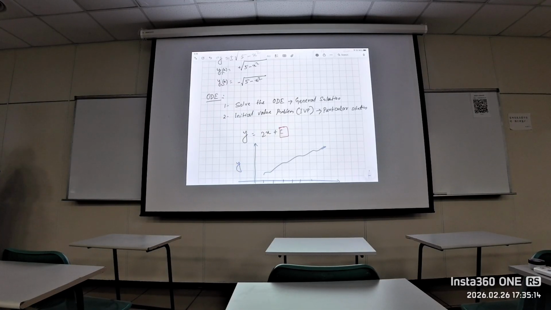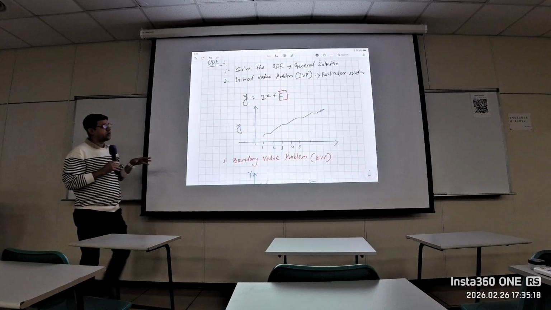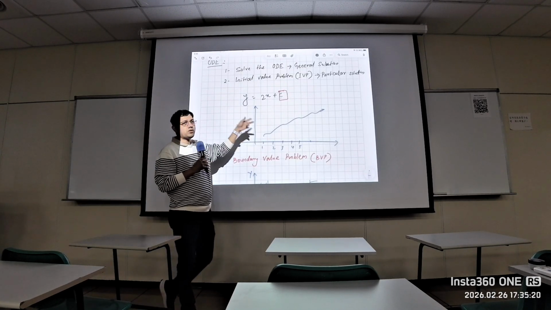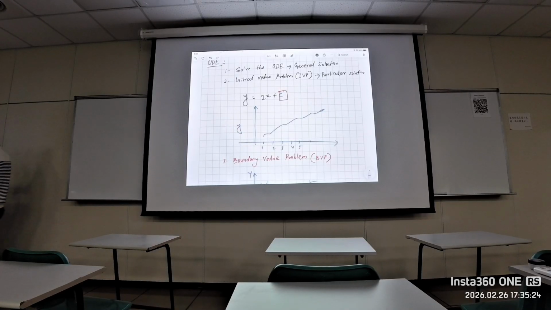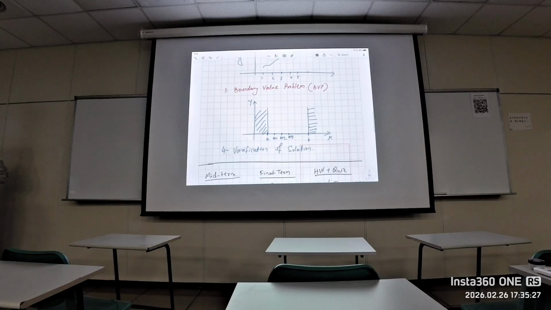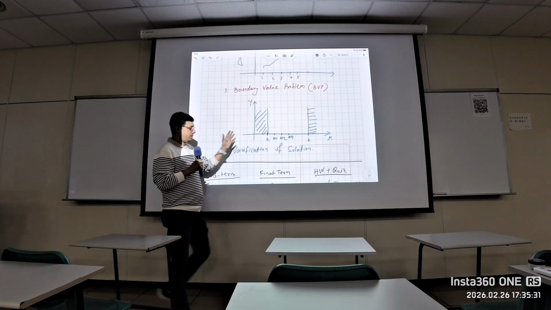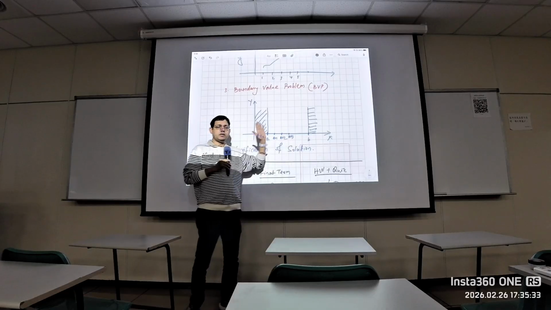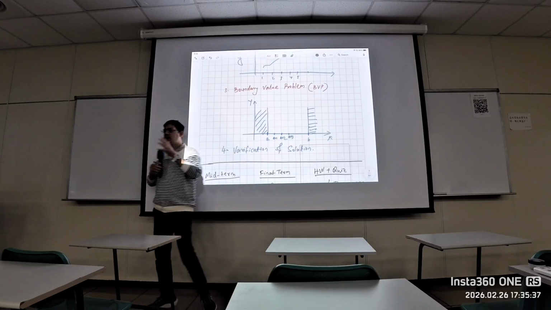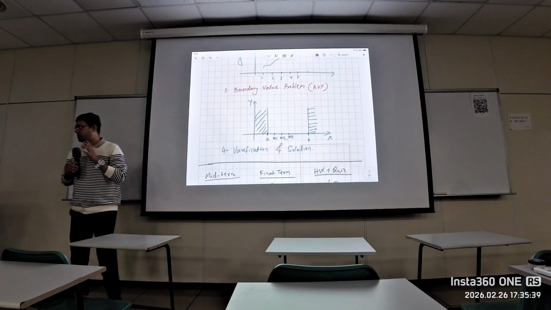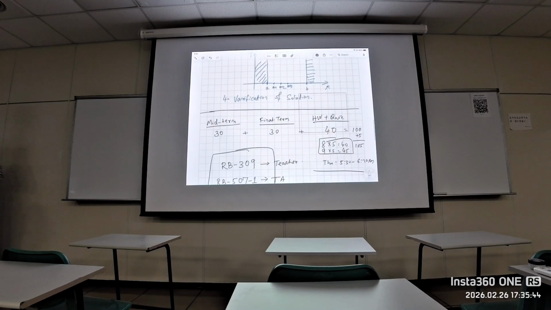The next one is the initial value problem, where we will try to find out the particular solution. Then the next one is boundary value problem, where we will have some limit, that means this should be the minimum, this should be the maximum. So based on that, the value will be decided. And the final one is the verification of solution.